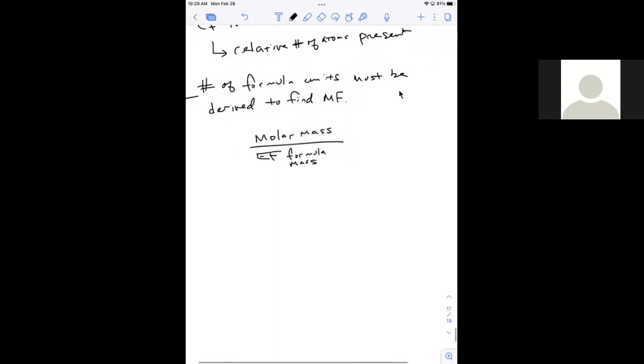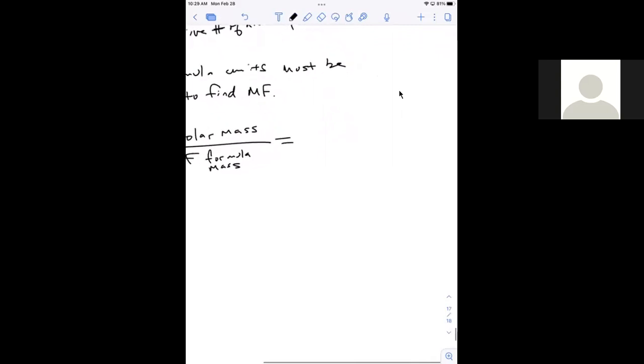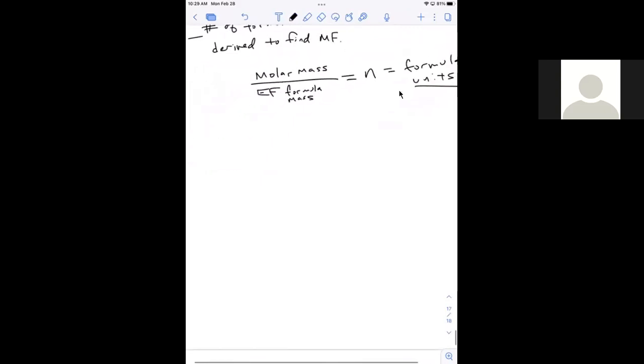So I'm going to take the formula mass of the empirical formula and use that to divide the total molar mass, and that's going to give us the number of formula units, which I can then take and multiply through the empirical formula to find the molecular formula.